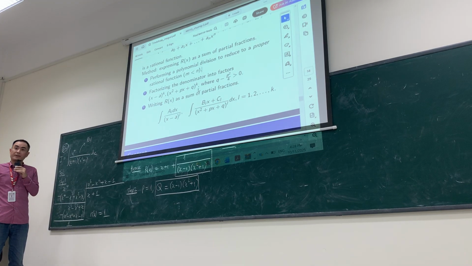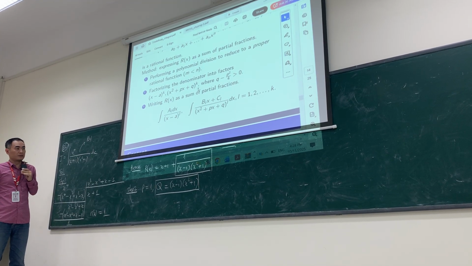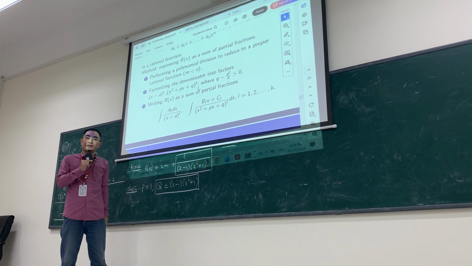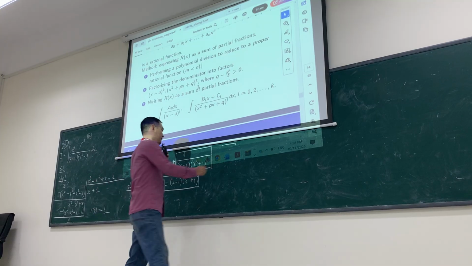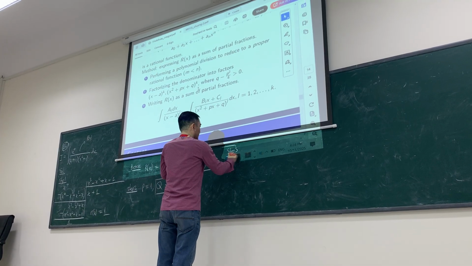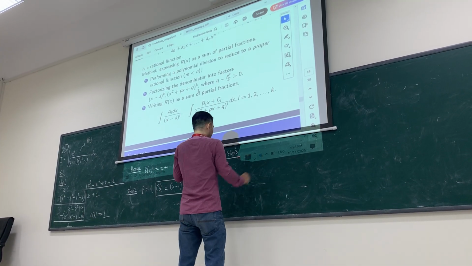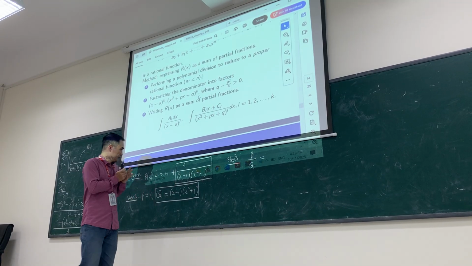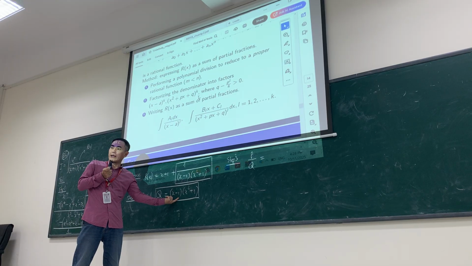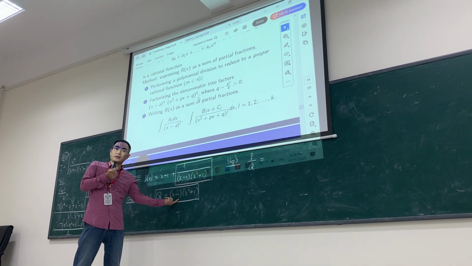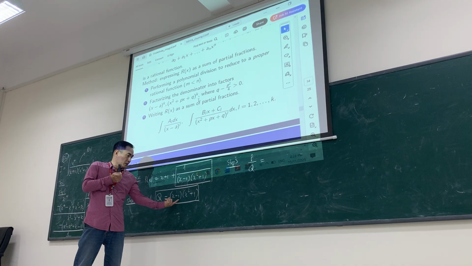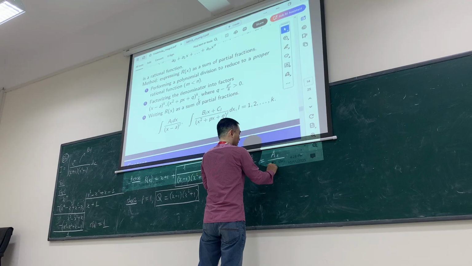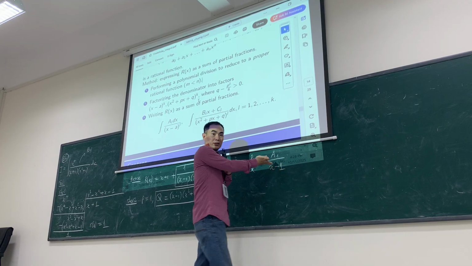To continue, step 3. In step 3, we can express the proper rational function as a sum of partial fractions, P over Q. Here we have the linear factor with power 1. The corresponding term is A1 over x minus 1.